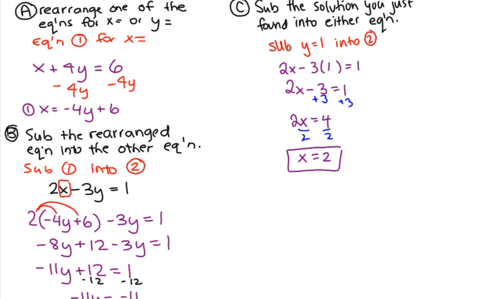Okay, so we have x and we have y. What's our last step going to be? Check, yeah, put both the answers into one of them. Because we subbed into 2 with the last one, we want to check with the other one to make sure. Because if we made our mistake here and then I sub that back in, it'll say true. If you're not sure which one to use, just do both.